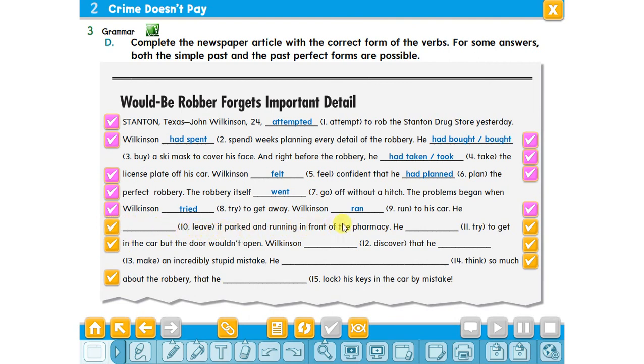It parked and running. Had هنا، نعم، had left. He tried. Discovered that he had made. He... عندك had thought، had been thinking أو thought، كله بيجي هنا. وآخر شيء عندك اللي he logged ولا had logged، على كافة الأحوال ممكن.